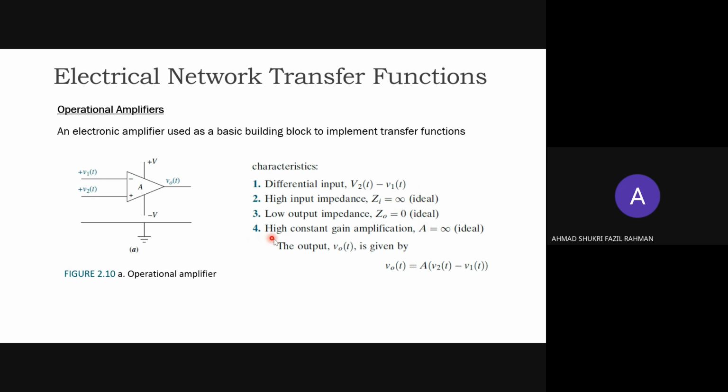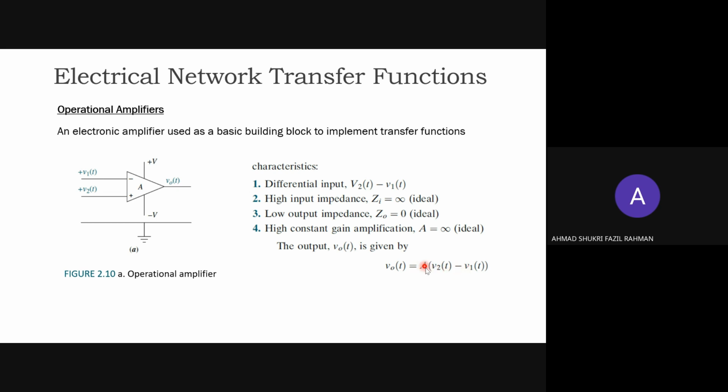And then the last one, high constant gain. The gain here is equal to infinity, also for ideal case. So in the end, the output V0(t) in time domain is equal to A, the gain, multiplied by the differential input, V2 minus V1.